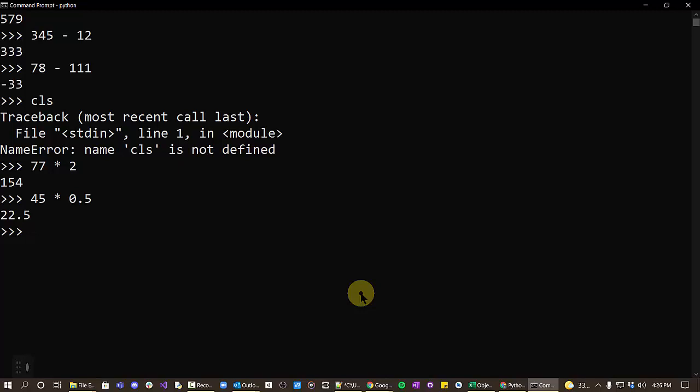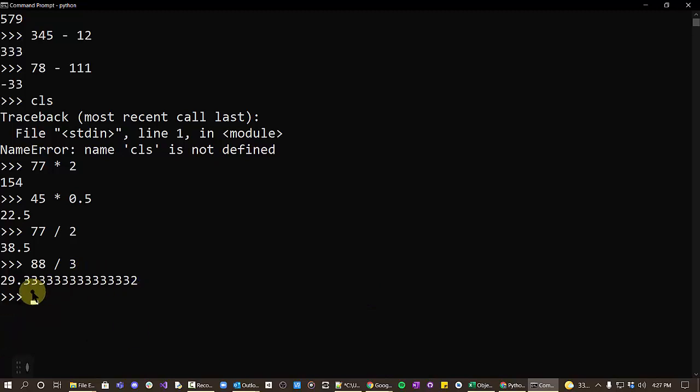You can also do division. Division is the / symbol, and if I divide 77 by 2, I get 38.5. If I divide 88 by 3, I get 29.333 repeating.